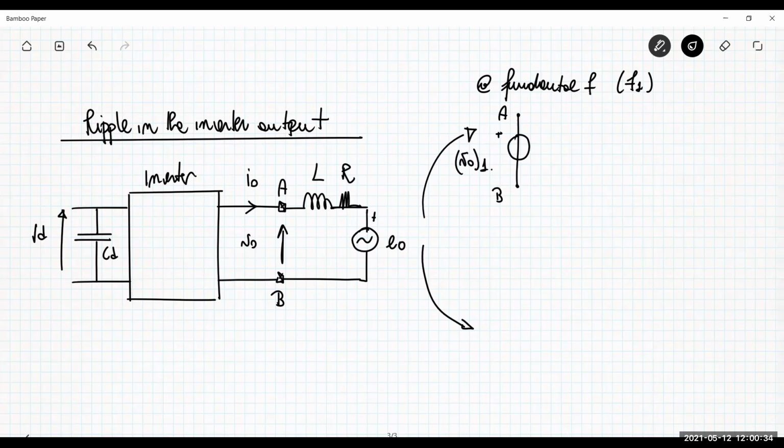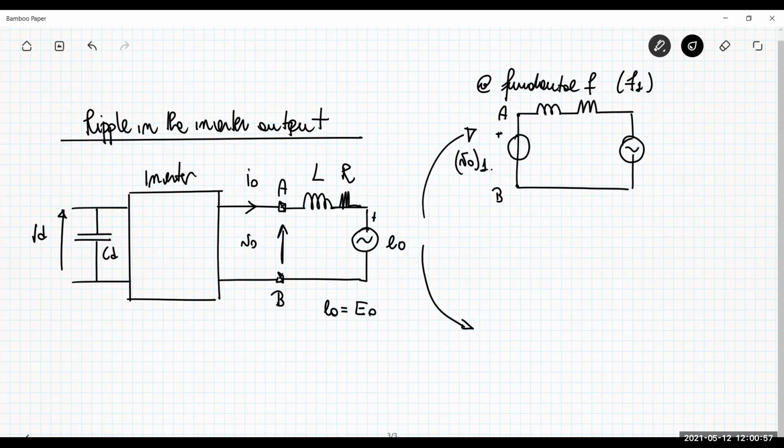Then we have the inductance. Then we have the resistance of the motor, and of course we have the back EMF, because the back EMF is again a sine wave at frequency F1. For example, let me put the back EMF as a sine wave having amplitude E0 sine omega 1 t.